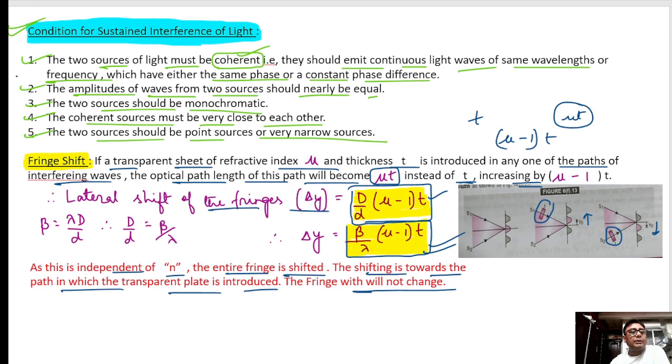Okay, so this completes the theory part of interference by the Huygens principle. We have completed the theory part, and now we have to do some numericals based on this. So let's see the numericals.